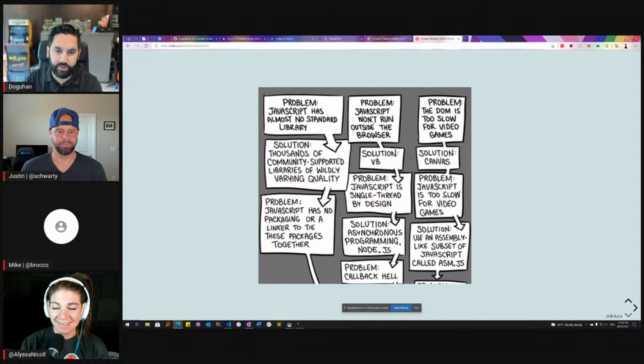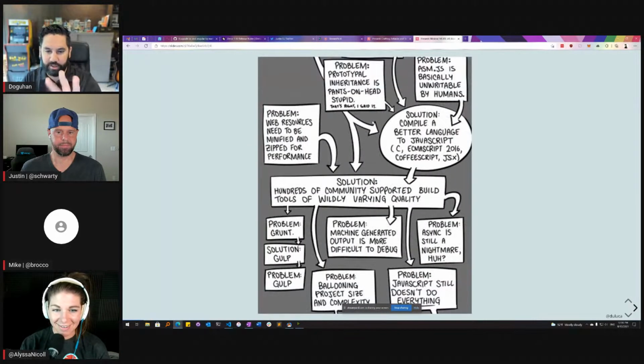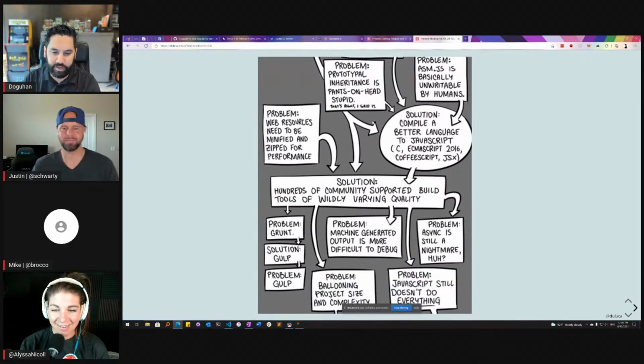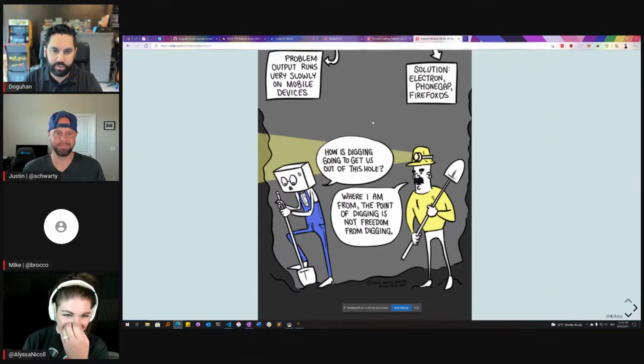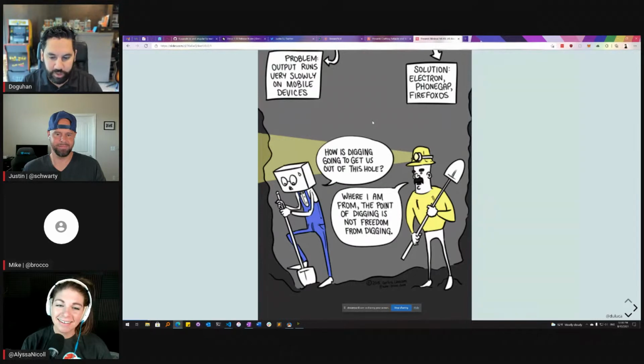So there's this comic from a few years back. It's kind of making fun of the fact that in JavaScript, every solution becomes some kind of a library. The more you get into it, it becomes like Inception level 4, and you realize you're just digging deeper and deeper trying to solve some problem.